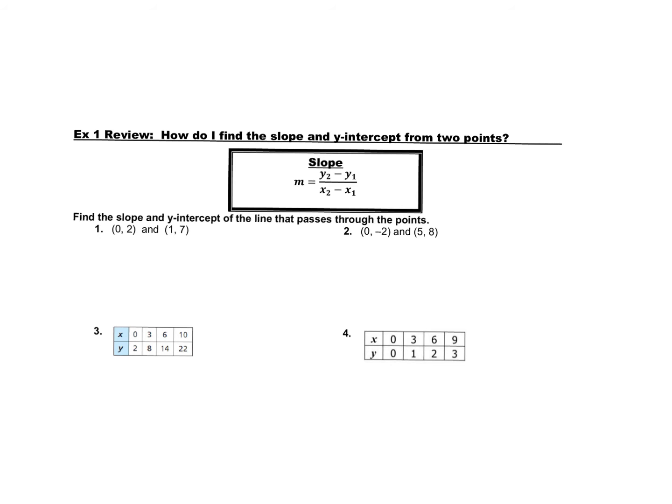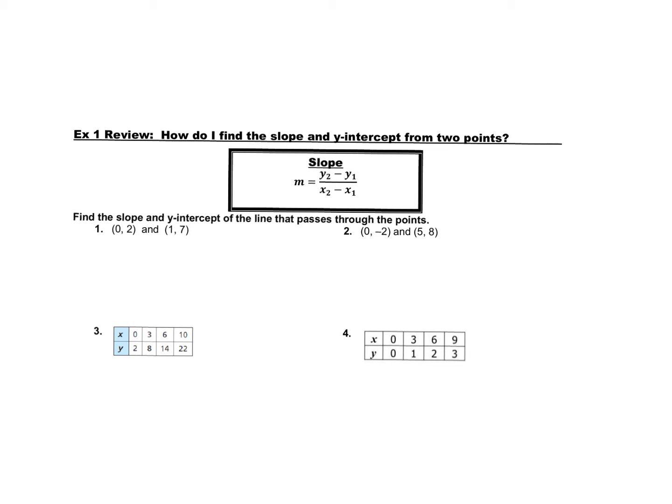All right, so let's go back and review how to find a slope between 2 points. Remember, to find the slope between 2 points, we're looking at the slope formula, which is y2 minus y1 all over x2 minus x1.